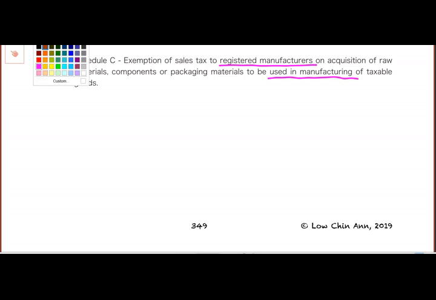So this gives us this issue, okay? Now, if I have an importer here, and I have a manufacturer, and this is a registered manufacturer, you see, the problem with sales tax is not like GST, where they practice input and output tax.